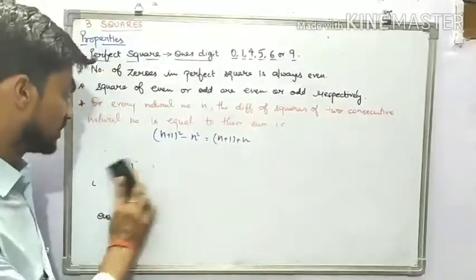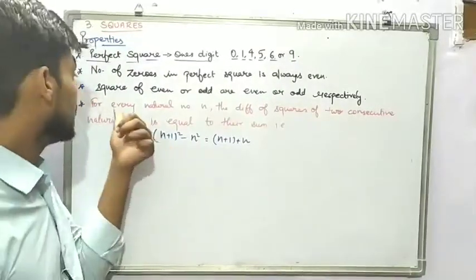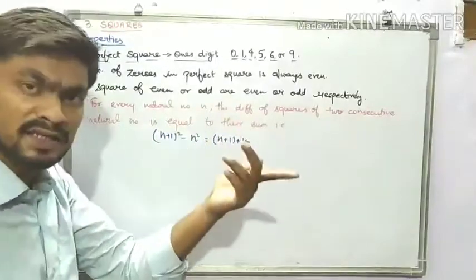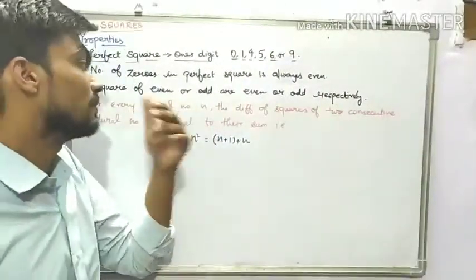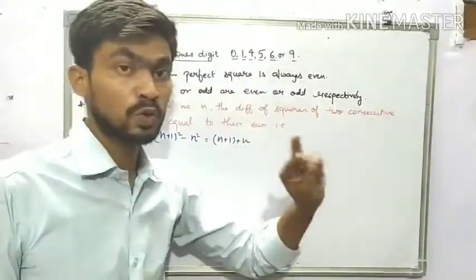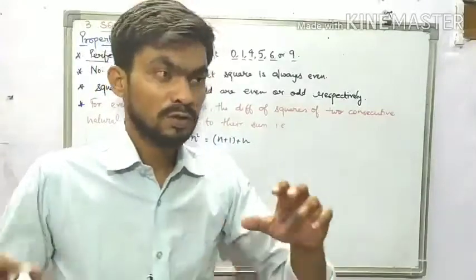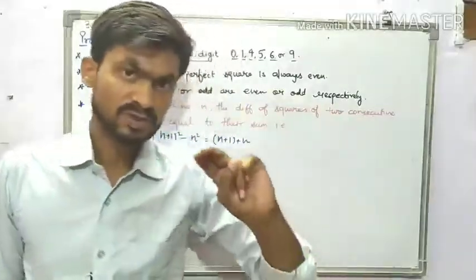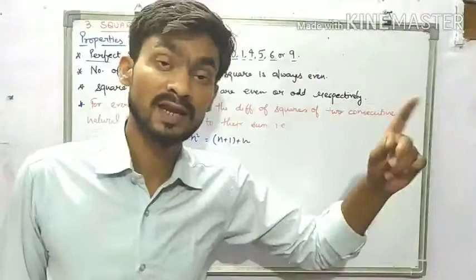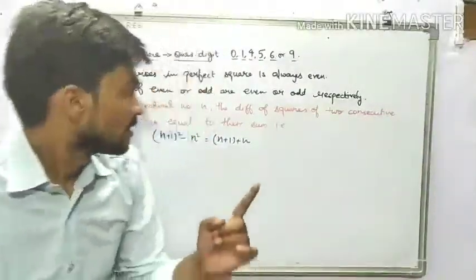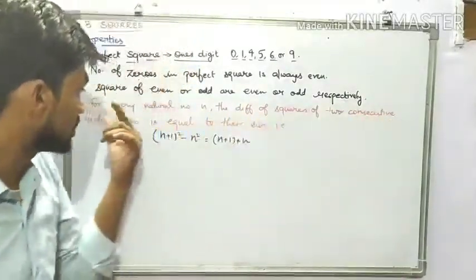Let us see and try to grasp it. For every natural number n, the difference of squares of two consecutive natural numbers. Consecutive means numbers that come one after another, in sequence, like 2, 3, 4, 5, 6, 7, or 10, 11, 12, where there is a difference of one only.